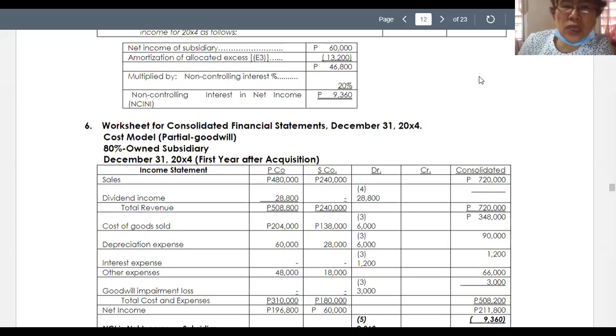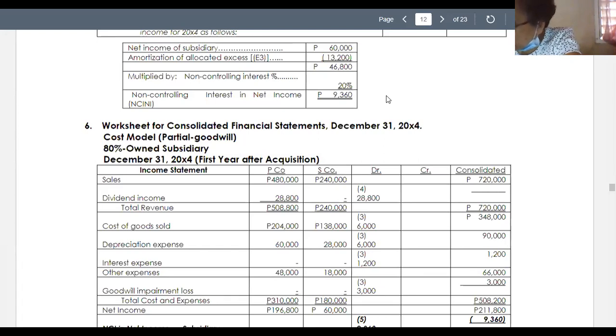Then for depreciation, we are also treating depreciation. That's for 60,000 plus 28,000 plus 6. So what are now the figures for your depreciation for the worksheet?